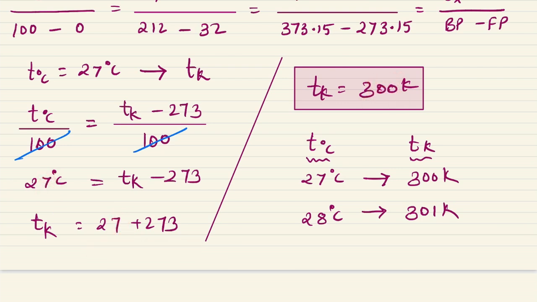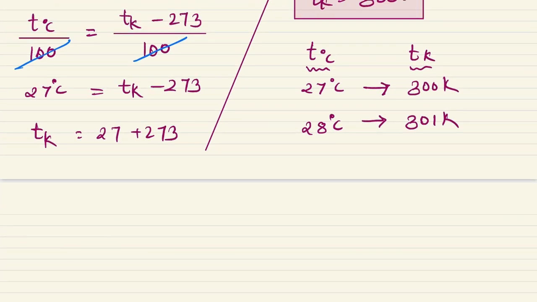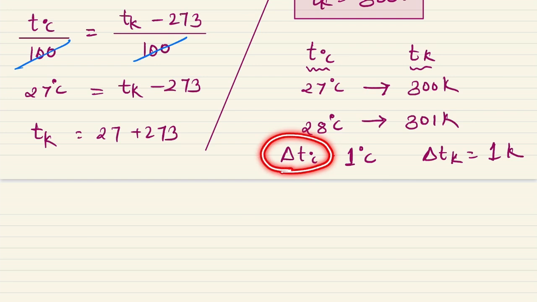The point to note is the change in temperature. The change in Celsius is 1 degree Celsius, and the change in Kelvin is also 1 Kelvin. I'm not saying temperature in Celsius and temperature in Kelvin are equal. No, they are not. But the change in temperature in Celsius and the change in temperature in Kelvin are the same.